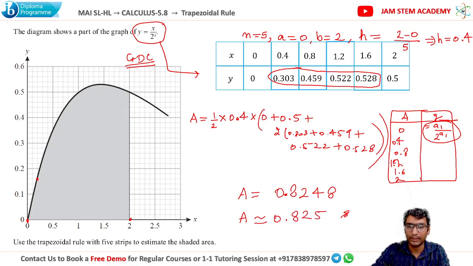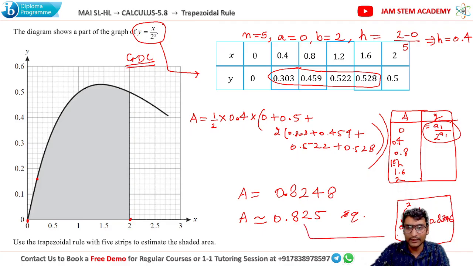Okay, or you can also say it is around 0.825 square units. Now if you use your GDC to calculate this integral, integration from 0 to 2 for this function, which is x by 2 raised to the power x dx, your value comes out as 0.8396.